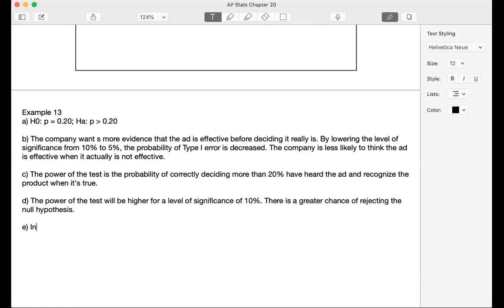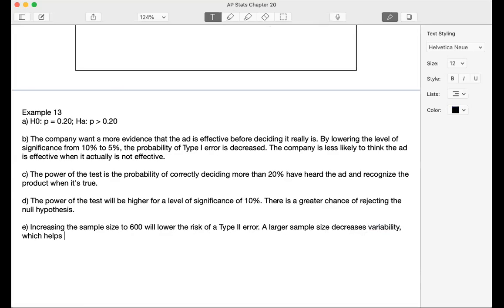E, increasing the sample size to 600 will lower the risk of a type 2 error. A larger sample size decreases variability, which helps us notice what is really going on.